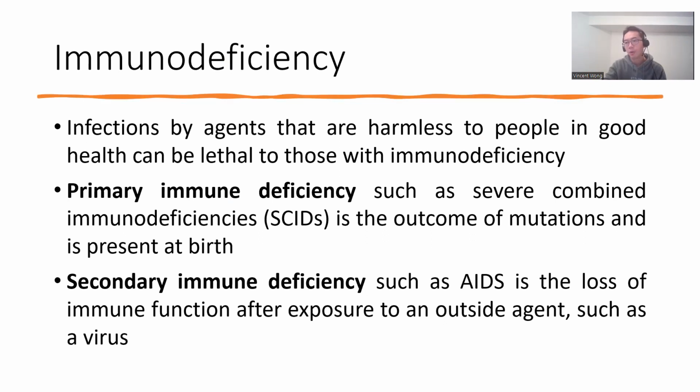The last example is immunodeficiency, which is an underreaction. Immunodeficiency can be primary, which is something that you're born with, or it could be secondary, which is something that you get infected with. So HIV is an example of secondary immunodeficiency.